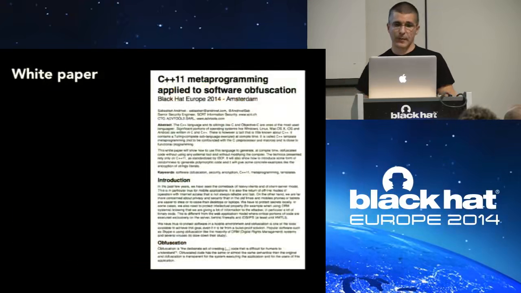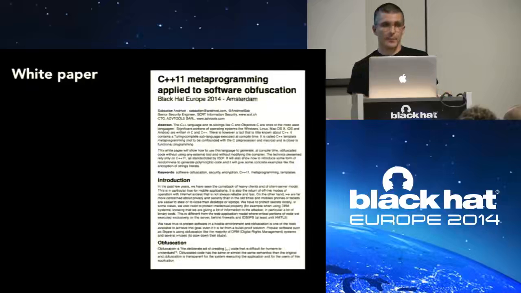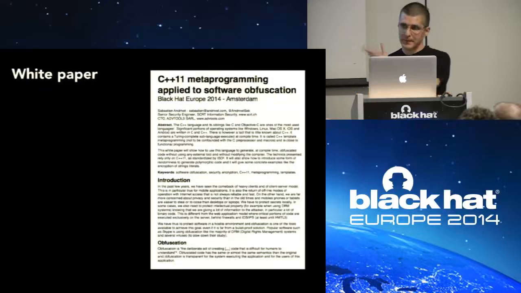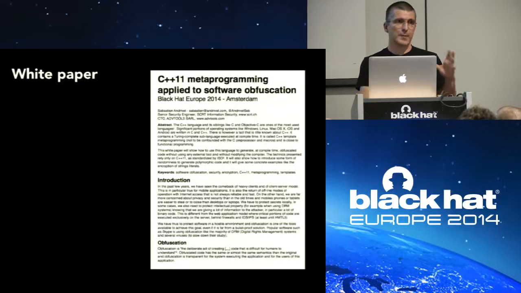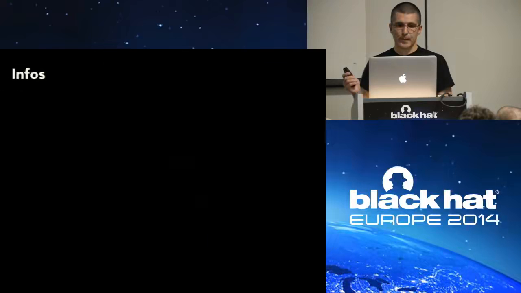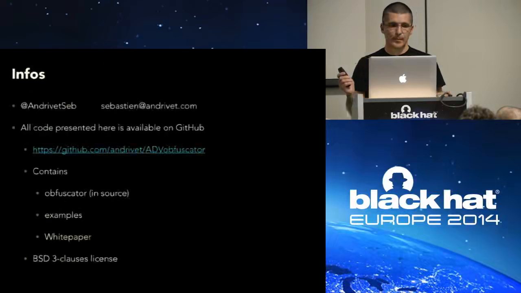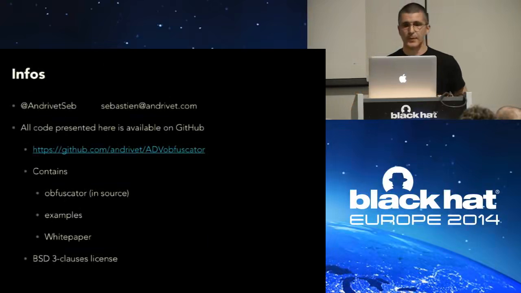I've written a white paper about this with far more details, in particular regarding the finite state machines. It's on your DVD normally, and it's published on GitHub. If you have any question, if you want to discuss this, this is my Twitter account with my email address.